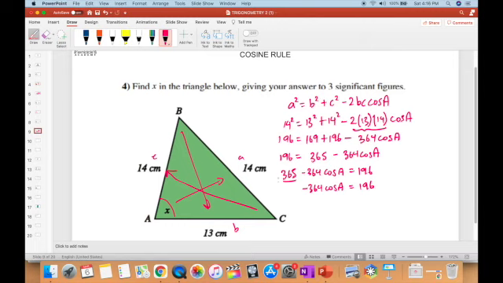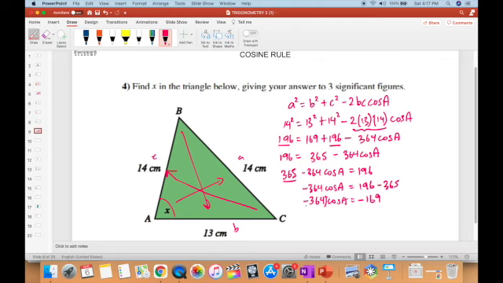On this side it was plus 365, so on this side it'll be minus 365. So 196 minus 365 is equal to minus 169. Therefore, negative 364 cos A is equal to negative 169. Makes sense, because at the end of the day, this was 196 and this was 196, so the two of them would have cancelled off and you would have just ended up with 169.